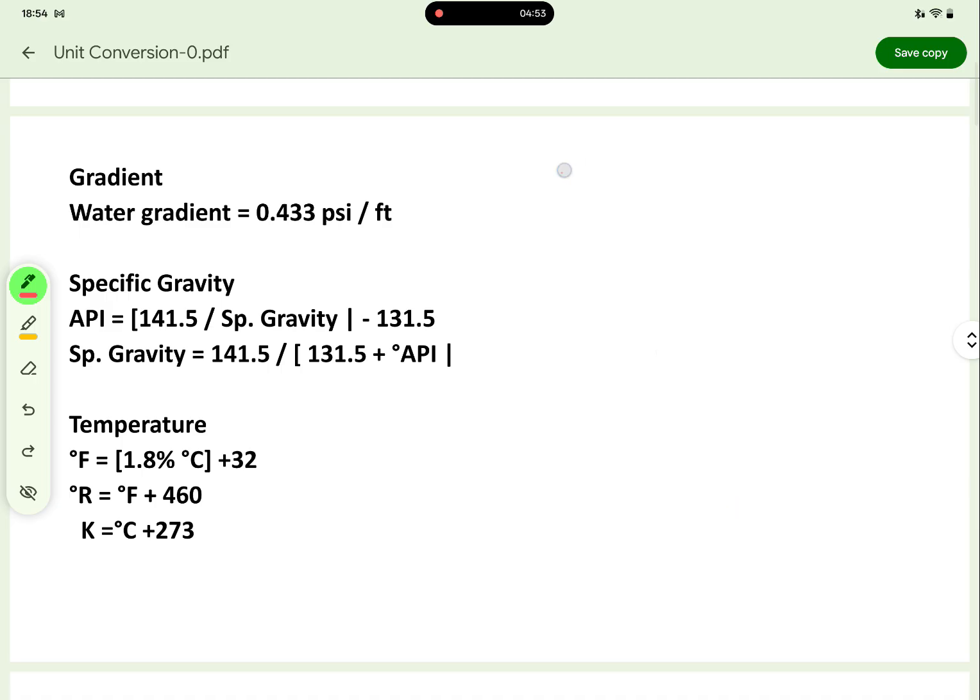So we know that the density of water is 1000 kg per meter cube. We need to change this density into this particular unit, psi per feet. How are we going to change this? Using the previous concept.